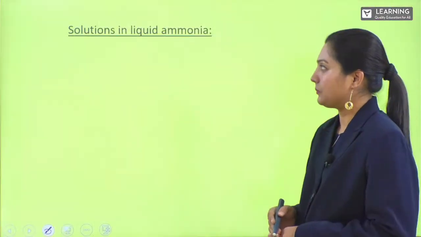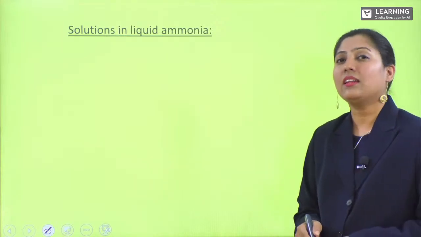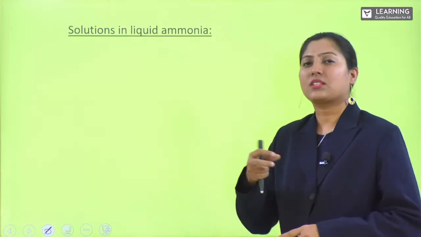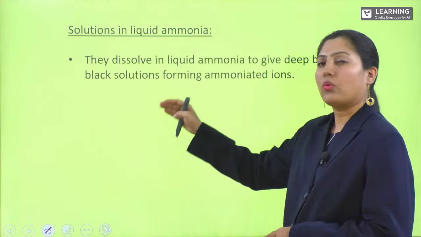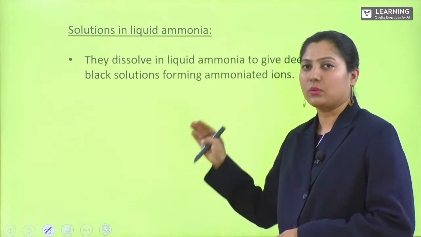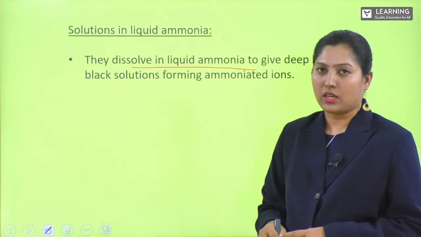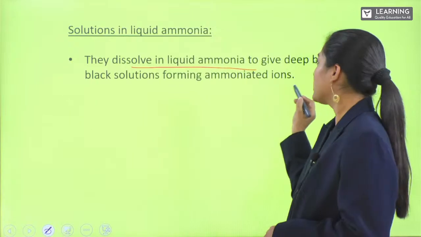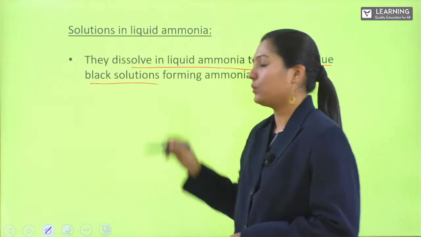So next we'll go into the solutions in liquid ammonia. As we see, even the reaction with ammonia, we can say this. All these group 2 metals can dissolve in liquid ammonia. When they dissolve in liquid ammonia, they give you a complex which is a blue-black solution.